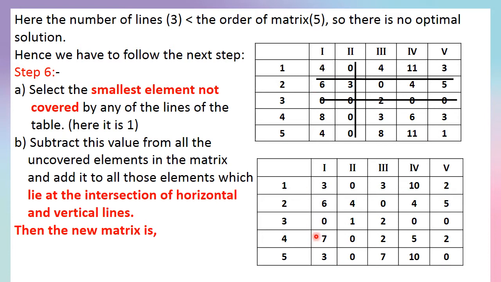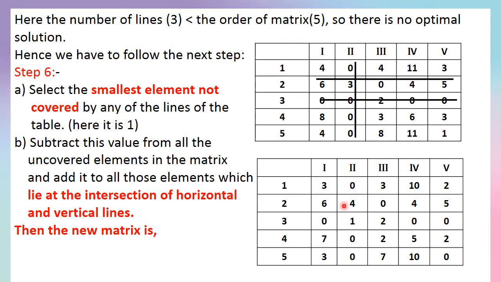So we will be getting the new matrix, and also after subtracting, at the same time we have to add this 1 to the elements in the intersection of these lines. Here the intersection means 3 is at the intersection of these two lines and the 0 also. So we have to add 1 to this 3 and 0.